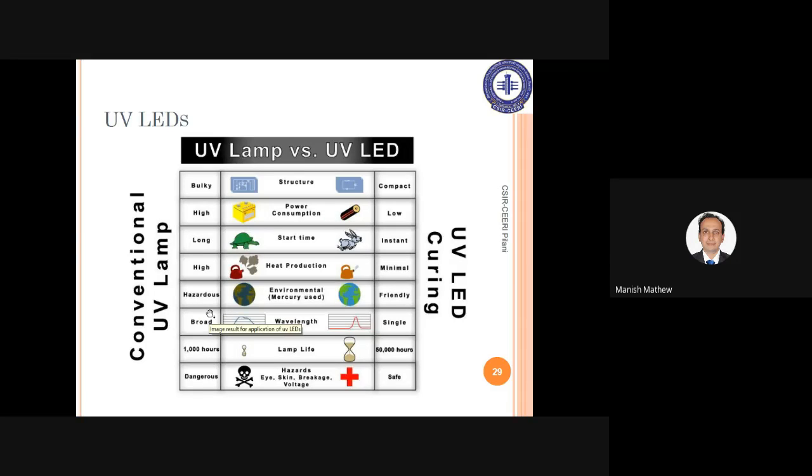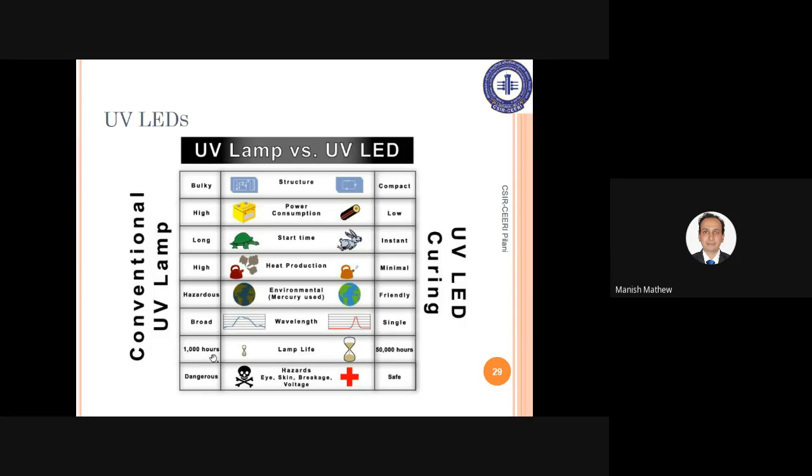Then the fourth disadvantage of this UV lamp is it has a broad spectrum. All the UV lamps have UV plus blue plus a lot of wavelengths. But for disinfection, we only require a UV wavelength or a UVC wavelength. Another disadvantage is the shorter lifetime.